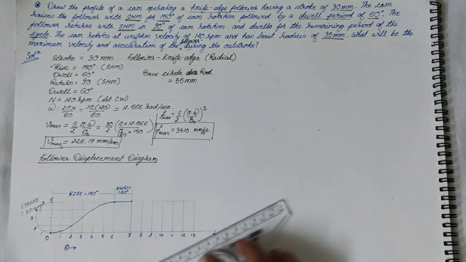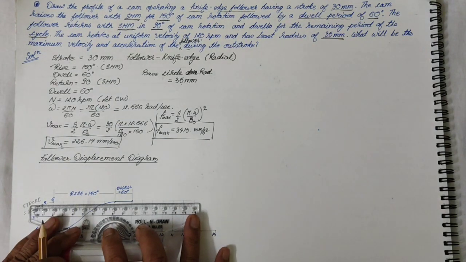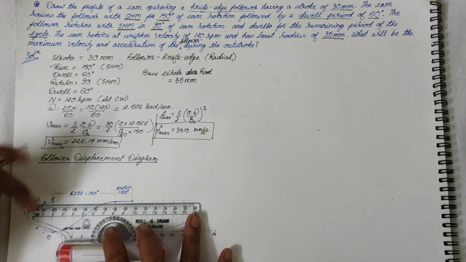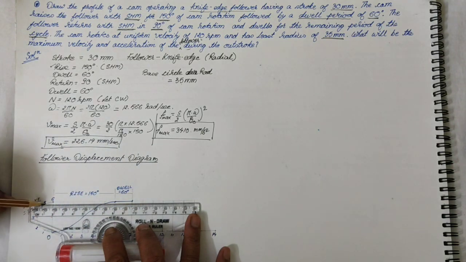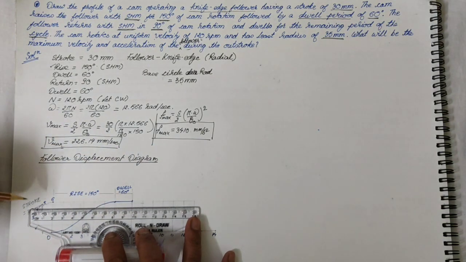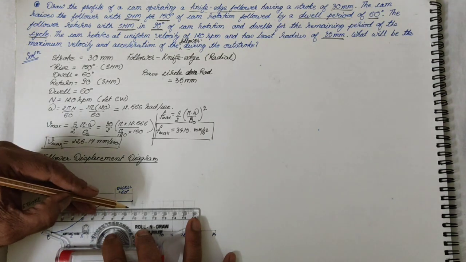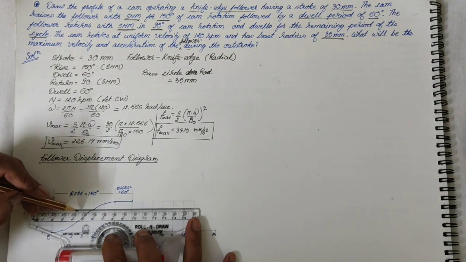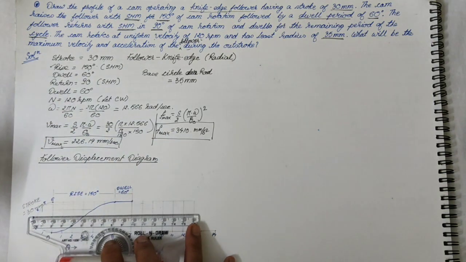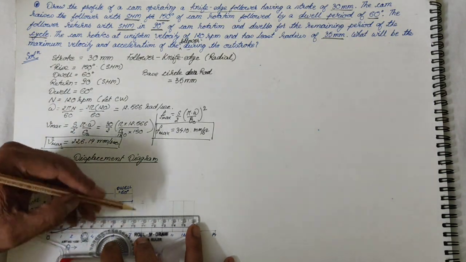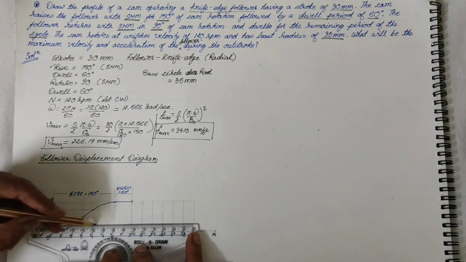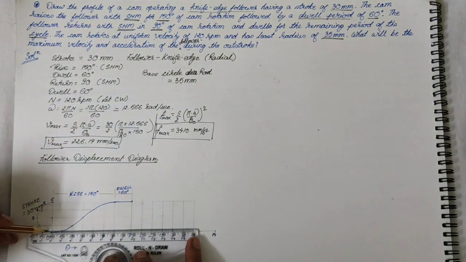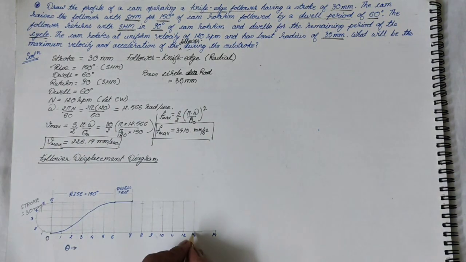So 7. The follower has reached the top. Now it is coming back. So this is 7, this is 8, this is 9, this is 10, 11, 12, and finally 13.